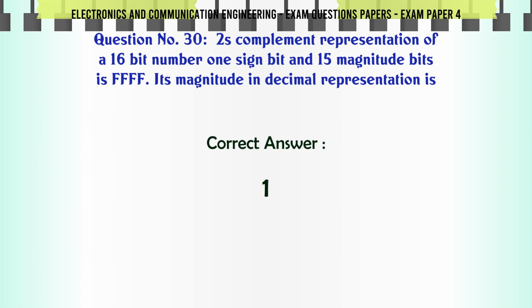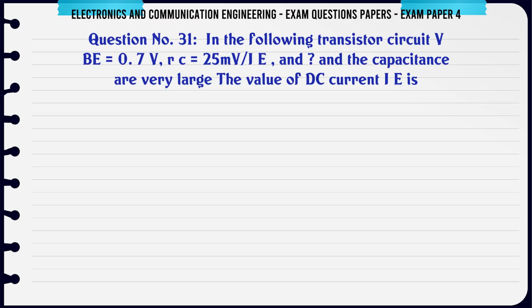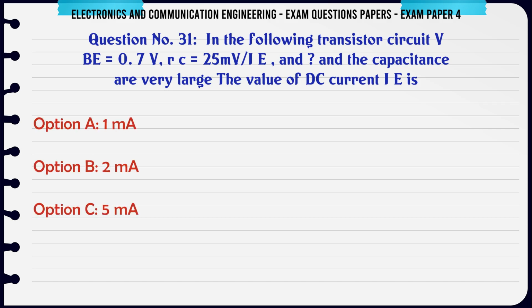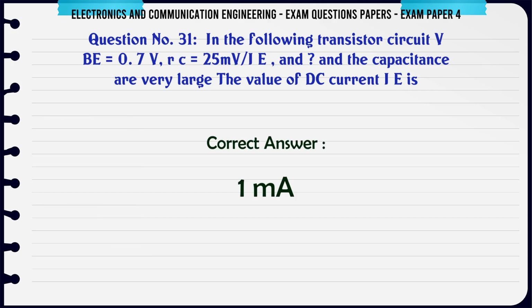The correct answer is 1. In the following transistor circuit, VB = 0.7 V, RC = 25 mV, and the capacitances are very large. The value of DC current IE is: A. 1 mA, B. 2 mA, C. 5 mA, D. 10 mA. The correct answer is 1 mA.